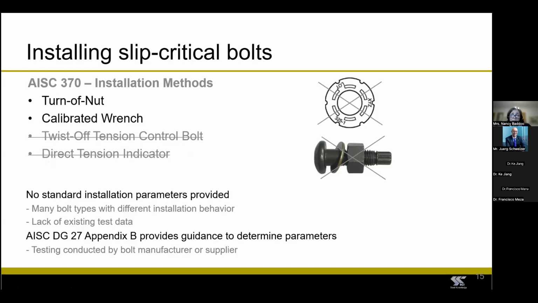However, because data is limited, it is necessary to carry out a bolt tightening qualification procedure for each project still. So it's not possible yet at this stage to have standard installation parameters, but work is underway looking into that.